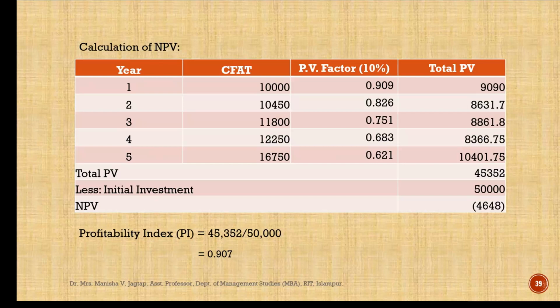At the same time, profitability index is also suggesting that we not accept the proposal because it is less than 1. So we can suggest that the company should not accept this particular proposal as net present value is negative and profitability index is below 1.